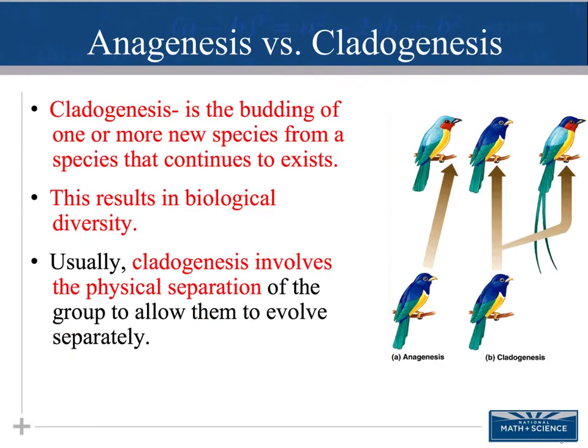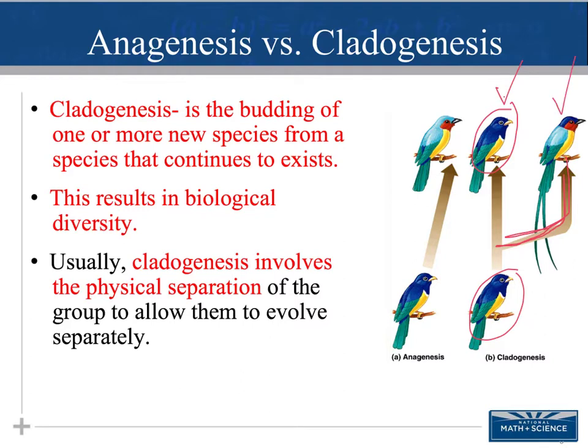Again, cladogenesis results in way more biological diversity because you have the common ancestor still existing. So we started off with a common ancestor. He survives and is still a part of that ecosystem or that population or that community. But through time, he has budded off. Some of his characteristics have changed and have resulted in another species. But the common ancestor is still alive. So we have this guy being alive and that guy being alive.